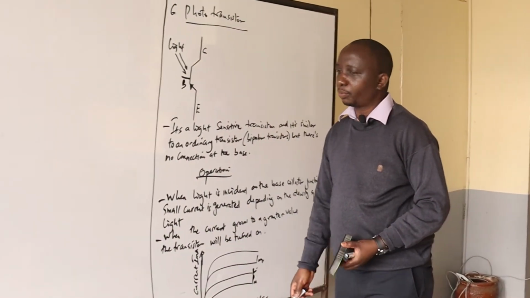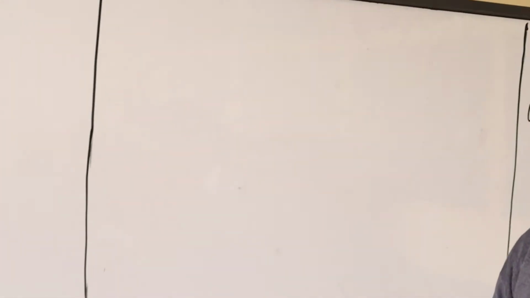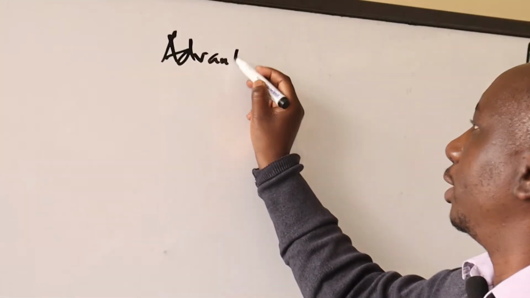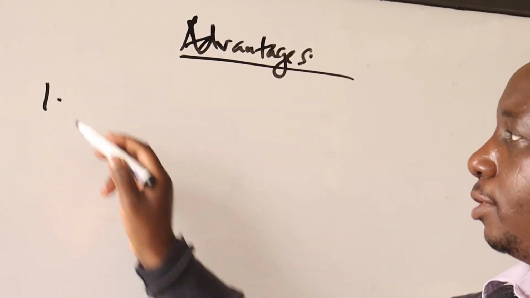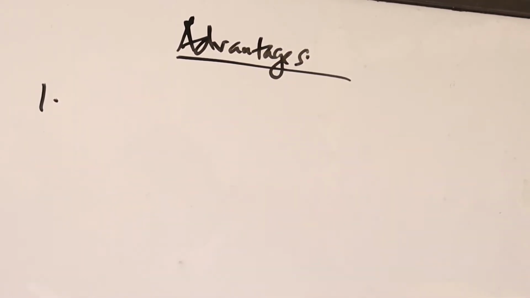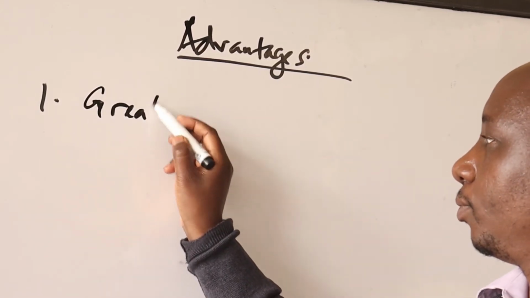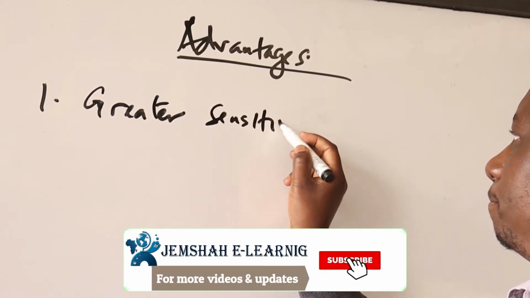So from there, just go to the applications and advantages of this phototransistor. We talk of the advantages before we go to the application. Number one is greater sensitivity than a photoresistor.